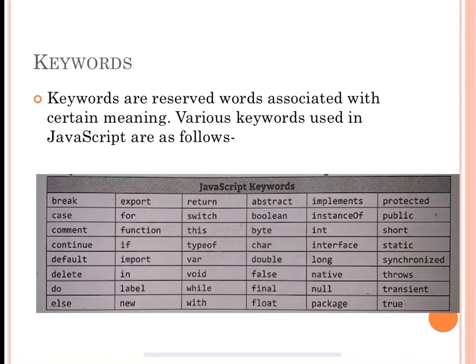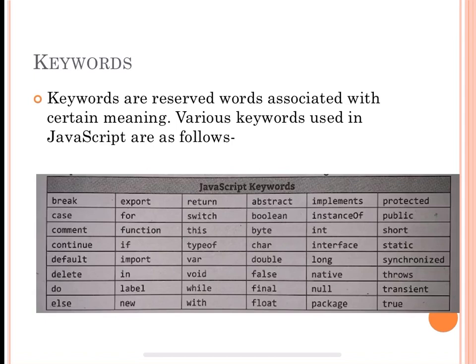Okay, so in this slide we will discuss the keywords or identifiers associated with JavaScript. Keywords are reserved words which have a certain meaning and they cannot be used as a function name or a variable name in JavaScript or a class name in JavaScript.